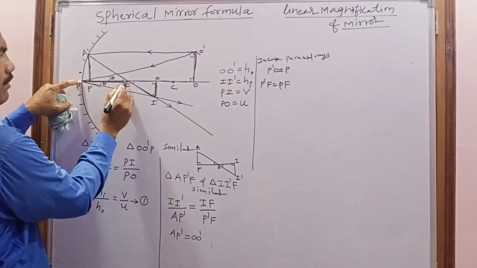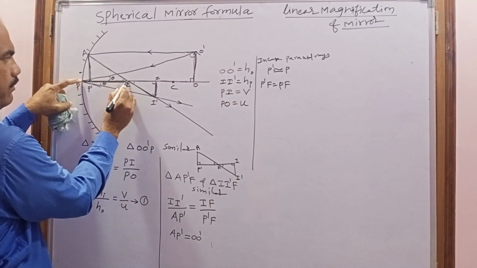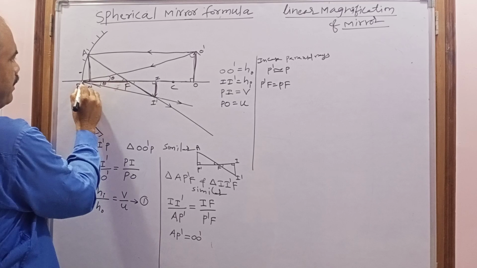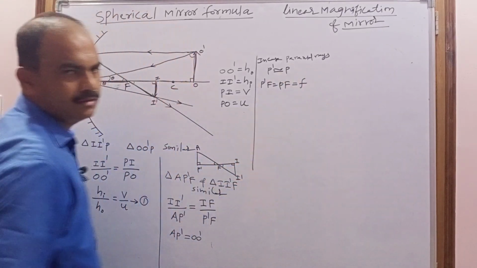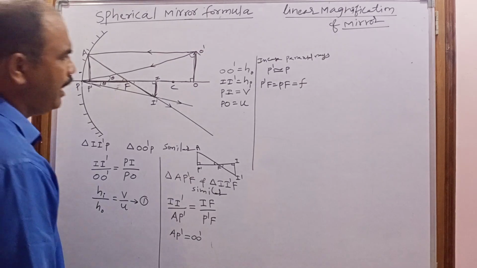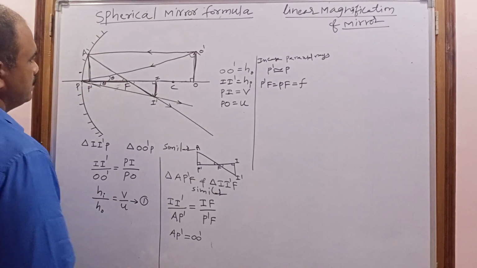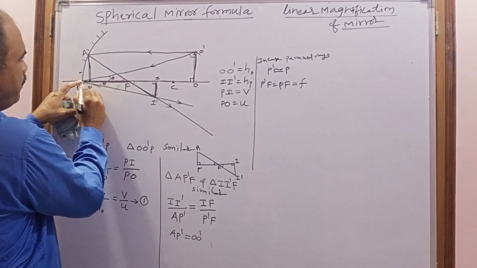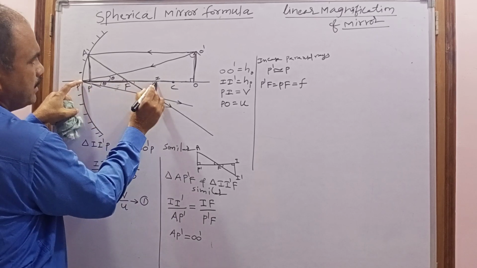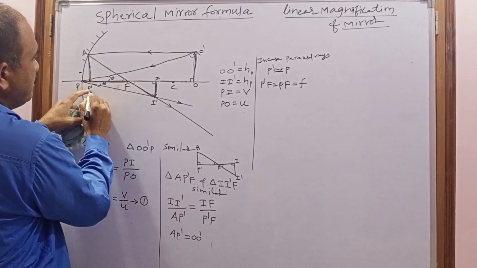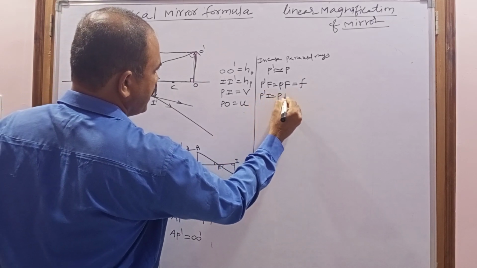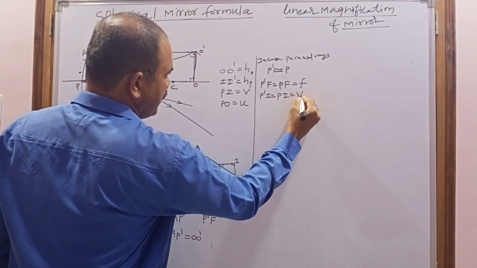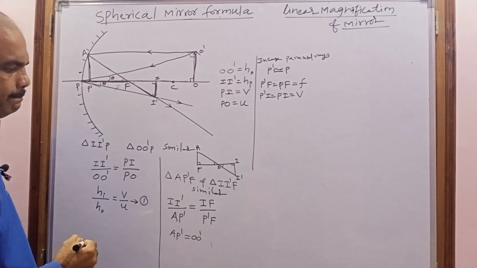What is PF? The distance between the pole and focus. The distance between the pole and focus is nothing but the focal length. And next, the distance between the pole and the image is the image distance. P dash I can be taken as PI. That is the image distance V.